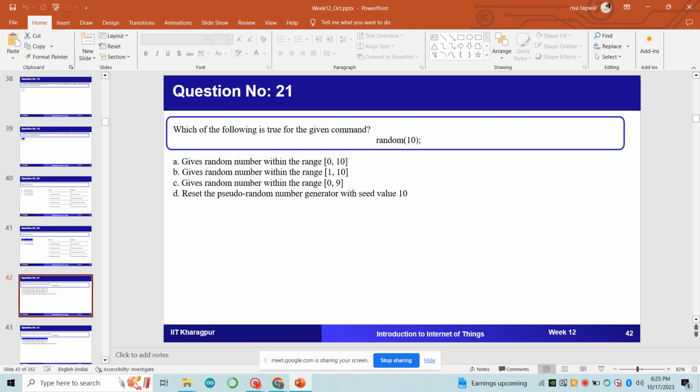And fourth one is, reset the pseudo random number generator with seed value 10. C, ma'am. Okay, anyone else? Option C.